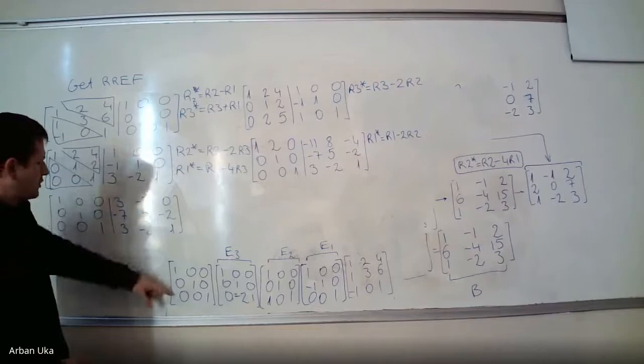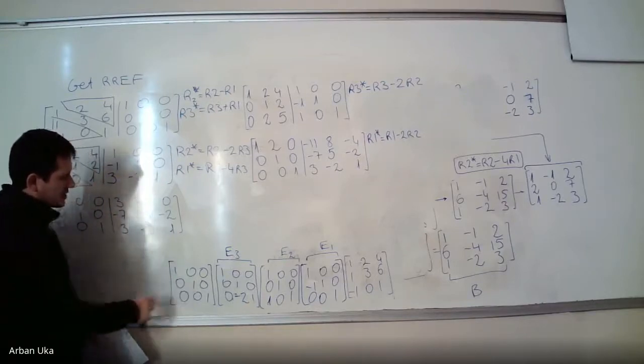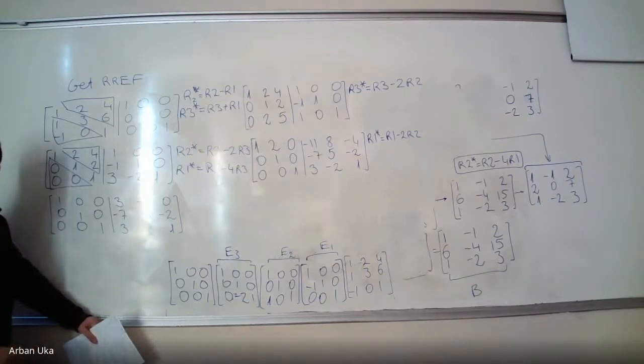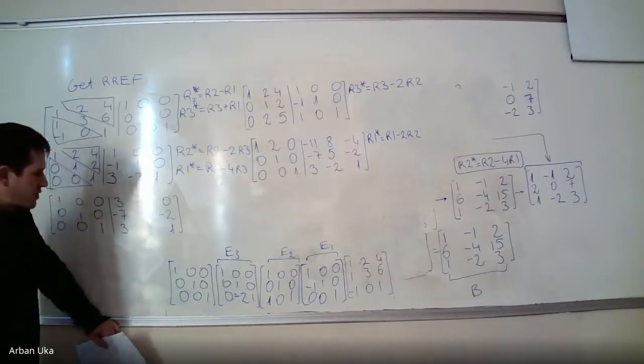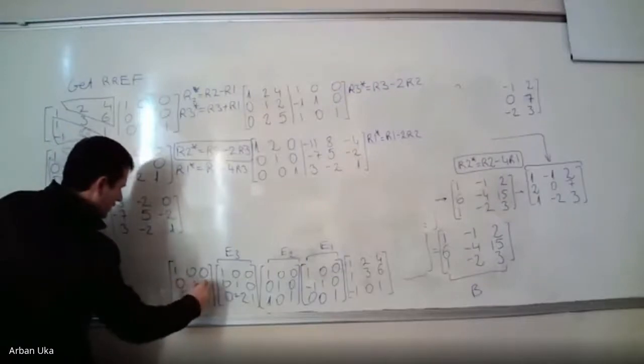Row 2 minus 2 row 3. How should I change this? So how should we change this matrix to implement this? 0, 1, minus 2. Yes, thanks. Okay, 0, 1, minus 2.